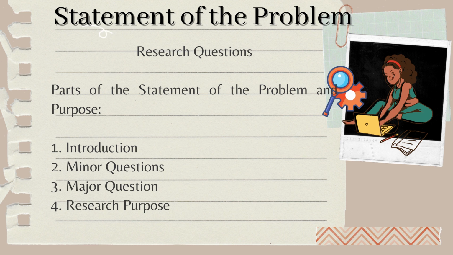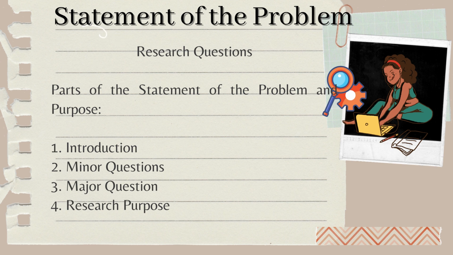Okay, your questions should be relevant to your topic. So for the introduction, it describes the presentation of the research questions and research purpose. And meanwhile, for the minor question, stated here are the other specific instances of the problem that must be investigated in a research study in order to provide substantial research theories.